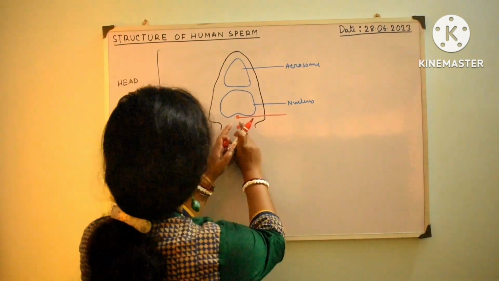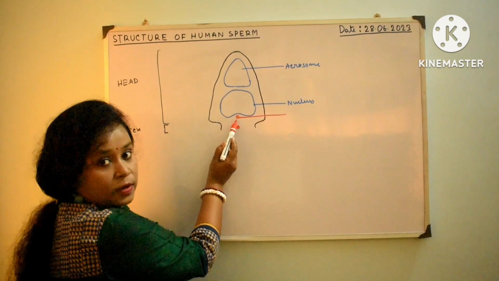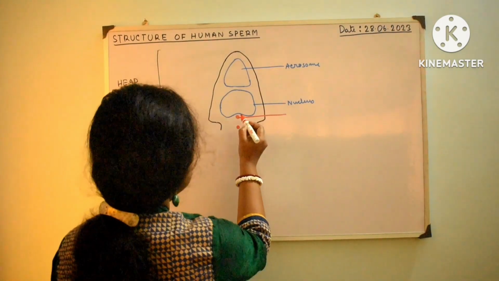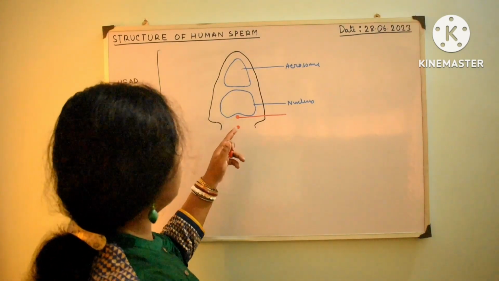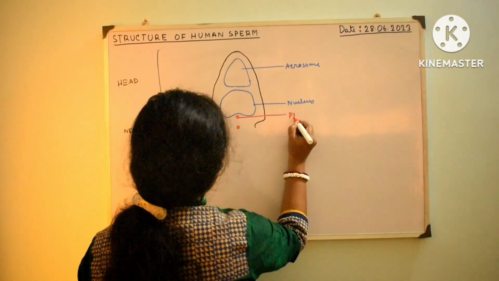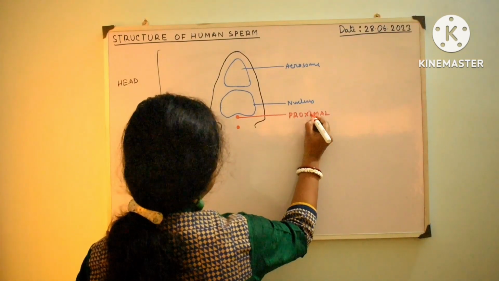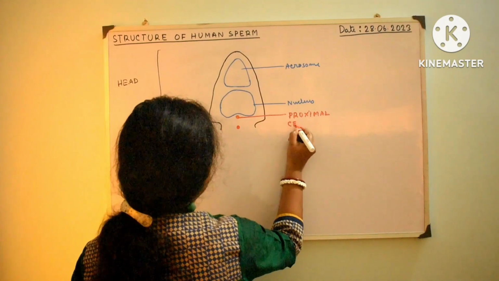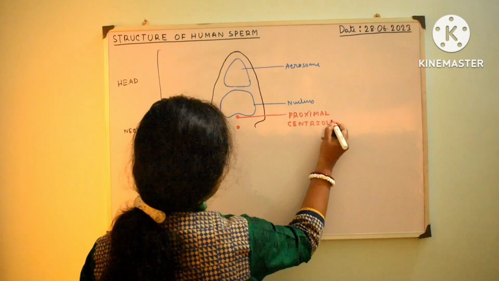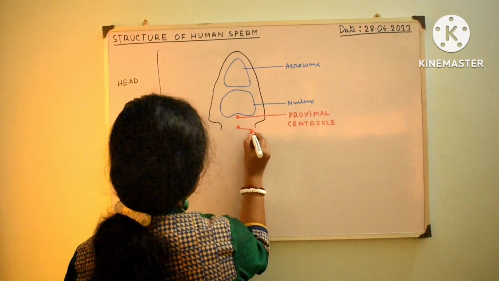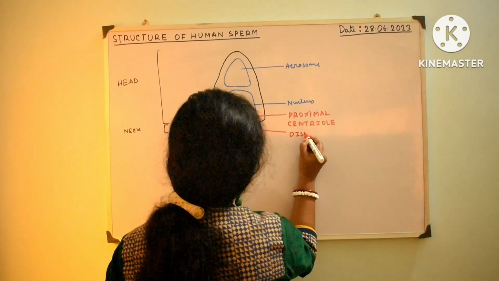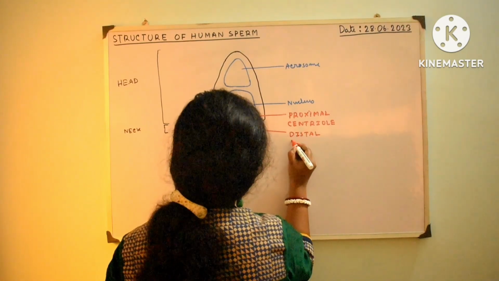The centriole which is in very close proximity to the nucleus is known as the proximal centriole, and the other is known as the distal centriole.